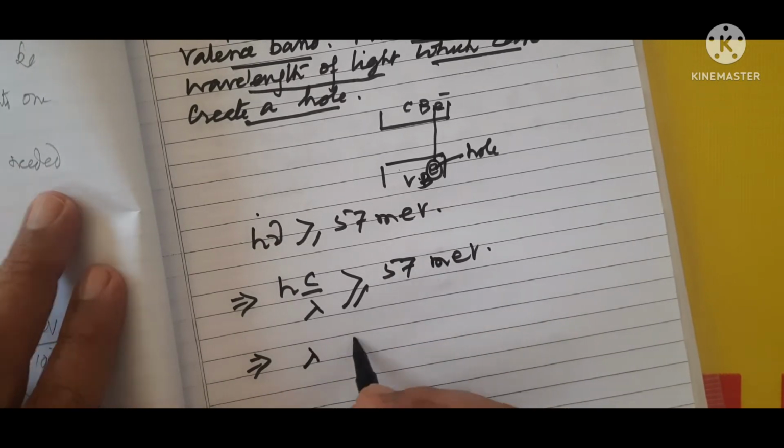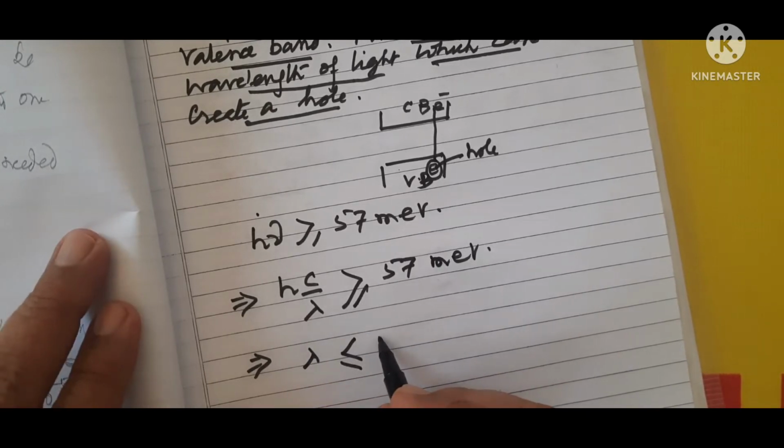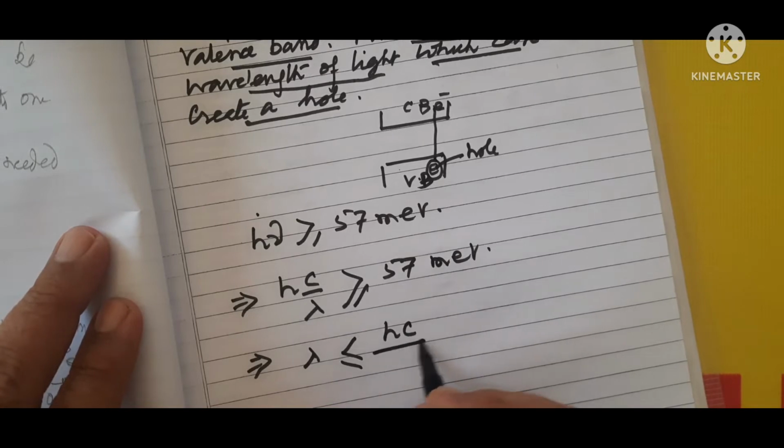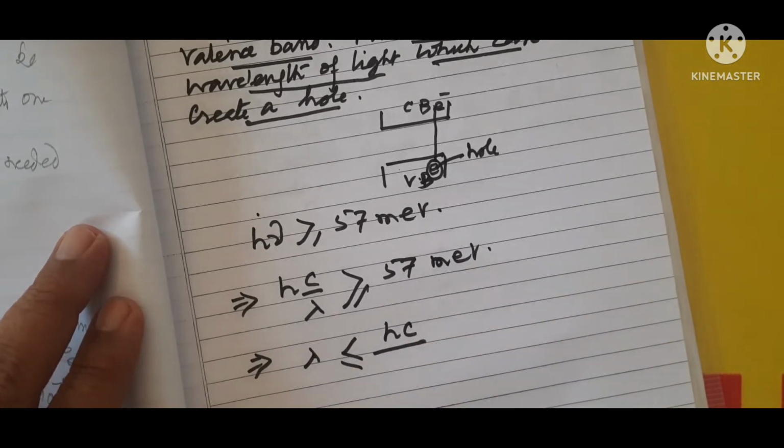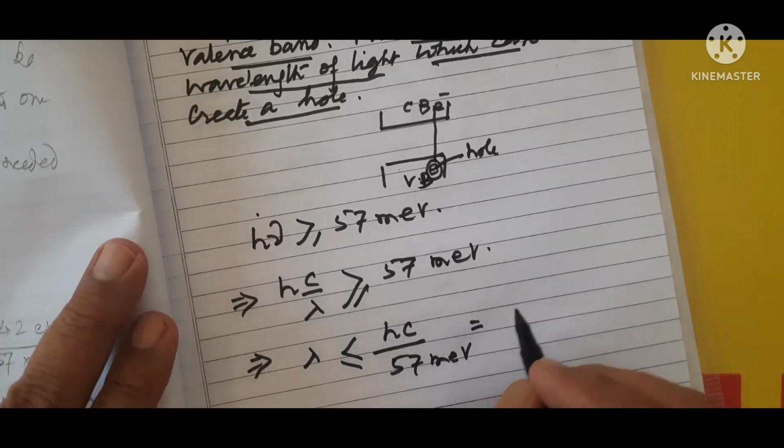So lambda is less than or equal to hc by 57 milli electron volt, that is inequality.